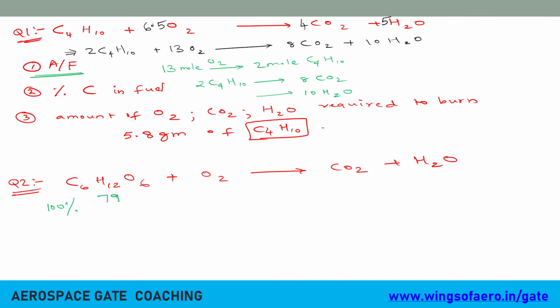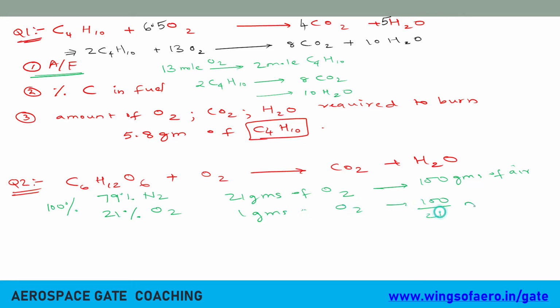Out of that 79% is nitrogen and 21% oxygen. That means 21 grams of oxygen is included in 100 grams of air. Now 1 gram of O2 will have 100 by 21 grams of air.